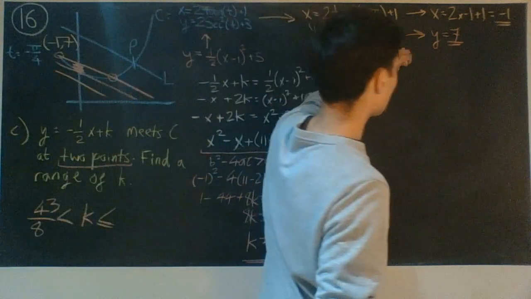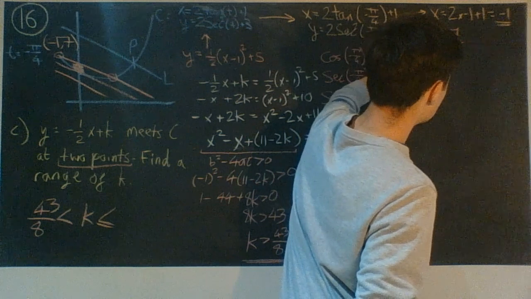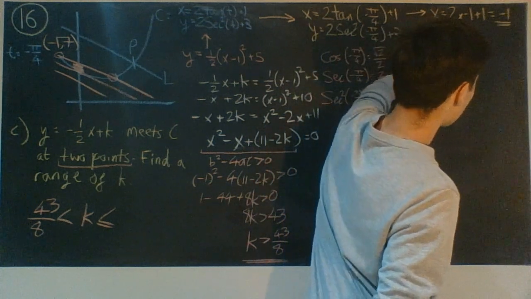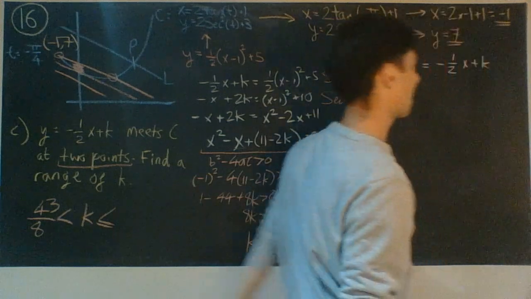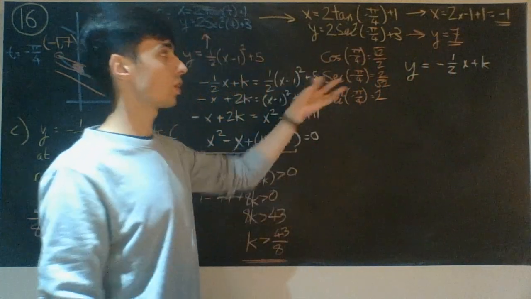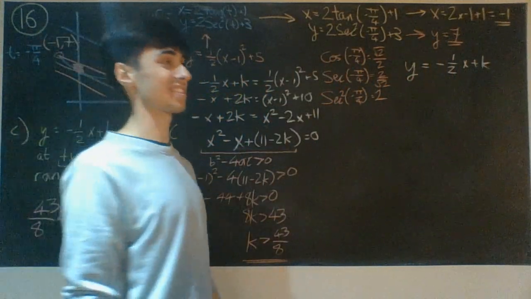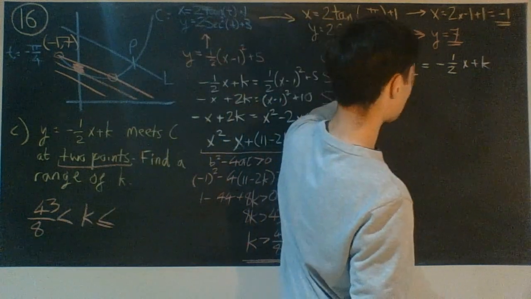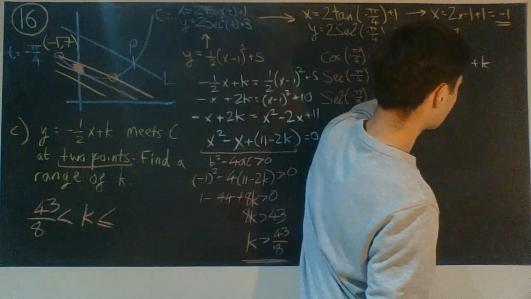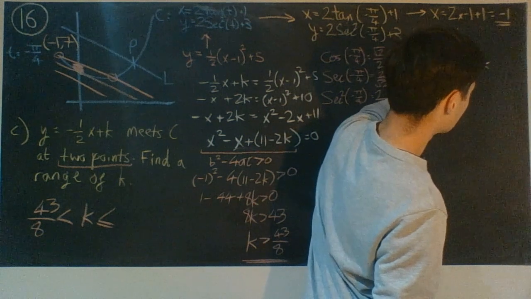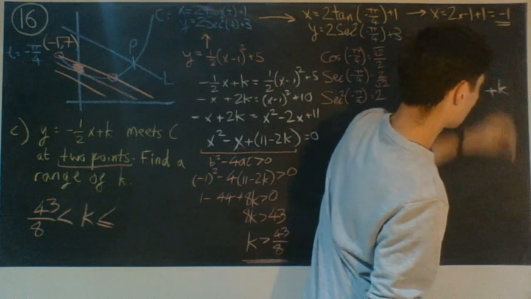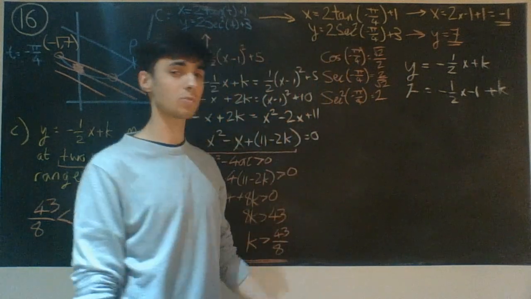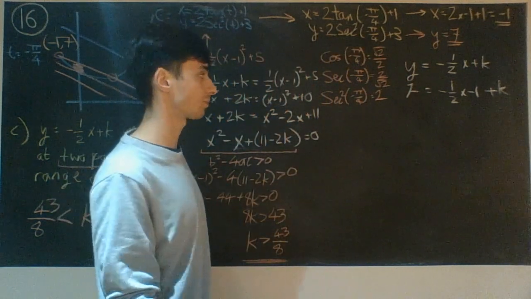So we've got y equals minus 1/2 x plus k. And it goes through this point minus 1, 7. So 7 equals minus 1/2 times minus 1 plus k. We substituted in minus 1, 7.